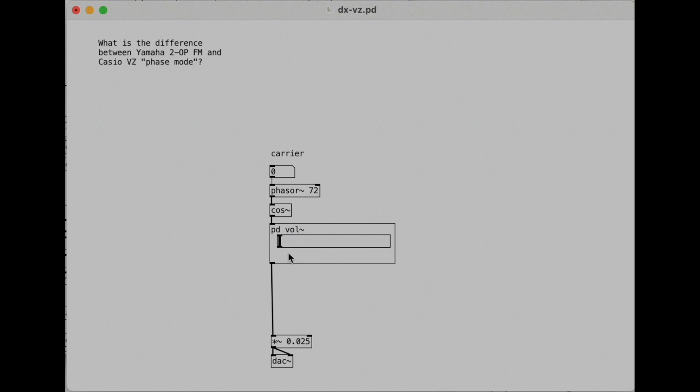So the basis of both is sine wave oscillators. Here I've made a simple sine wave oscillator in Pure Data, and you can see that it uses a phasor and a cosine wavetable. The phasor is actually just a saw wave, and this is what controls the pitch of the sound.